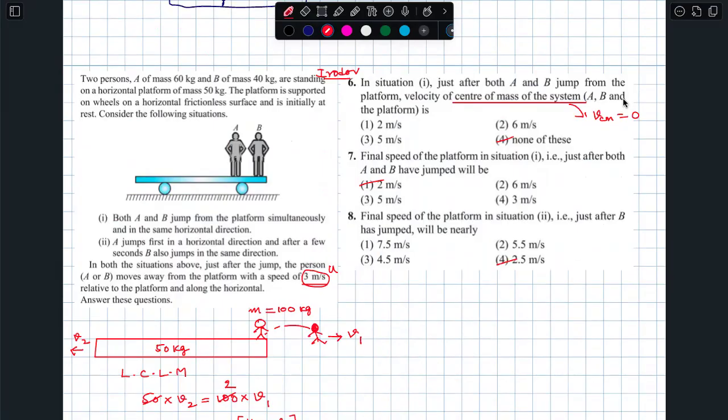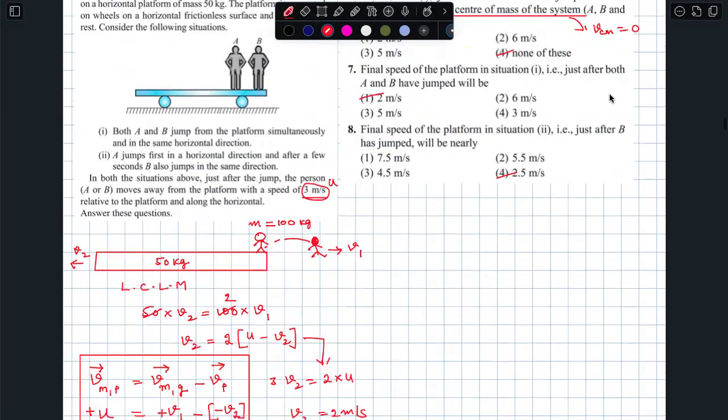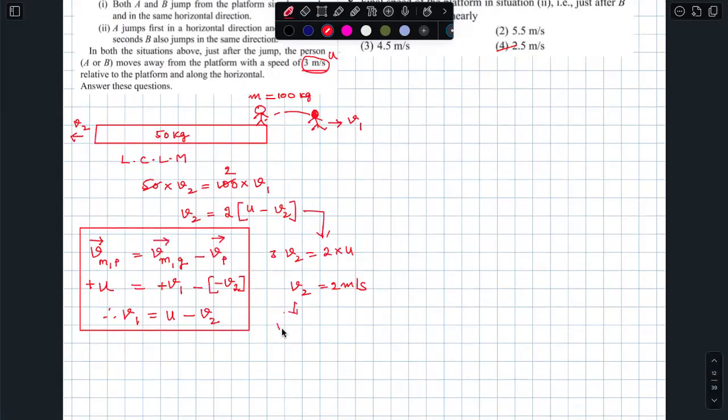If it is the velocity of the center of mass of the plank, remember, this is the case where A plus B both jump simultaneously.